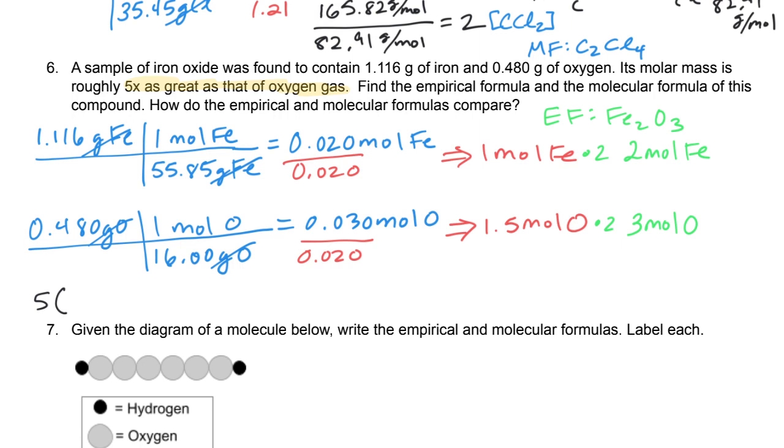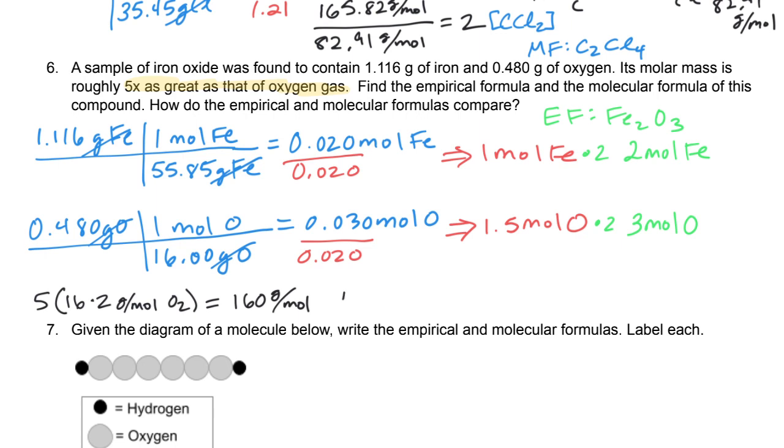We already looked up oxygen earlier. It's 16 grams per mole. So it's going to be 16 times 2 for the O2. And when you do that math, you get 160 grams per mole. So that's the molar mass of the whole molecule.